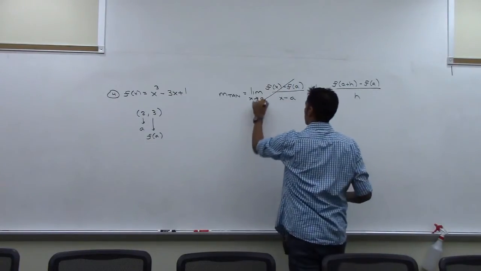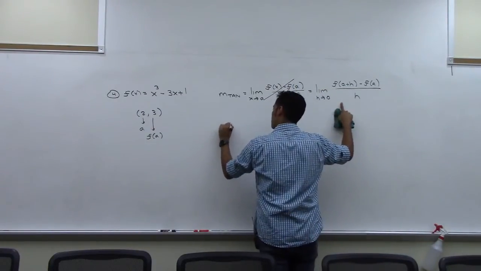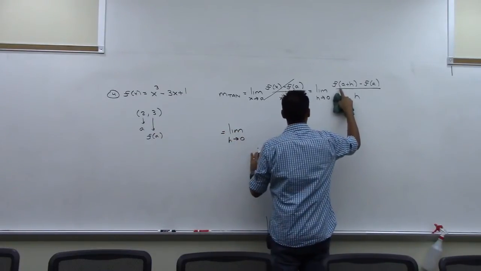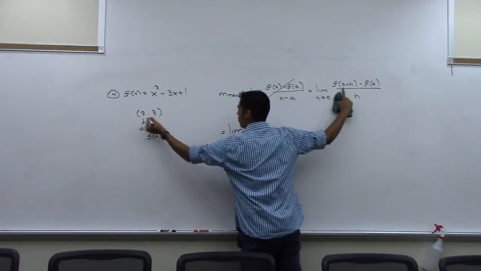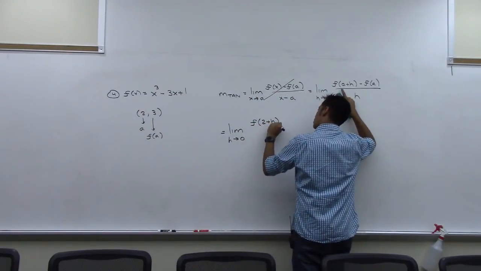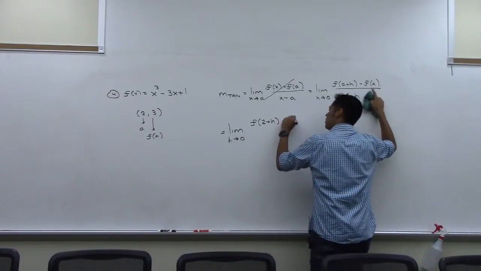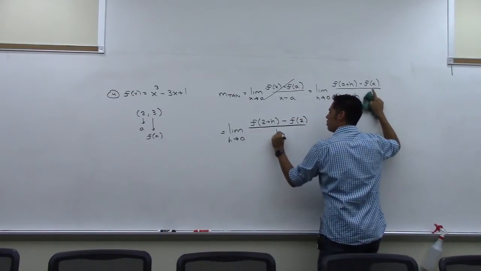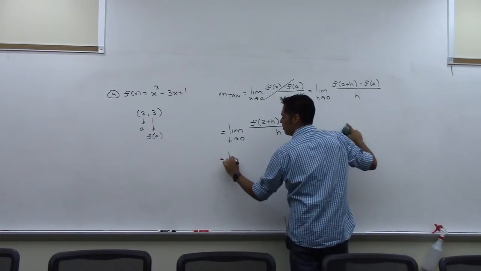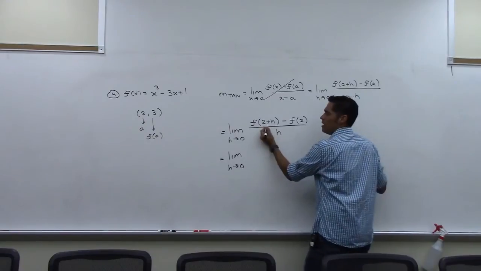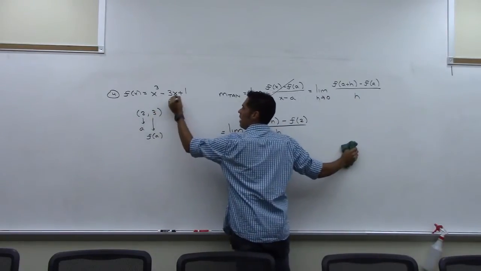So this equals the limit as h goes to 0. All right, what's f of a plus h? Remember, a is 2, so this becomes f of 2 plus h minus f of a, which is f of 2, all over h. Now that's equal to the limit as h goes to 0. I have to plug 2 plus h into this function everywhere I see an x.